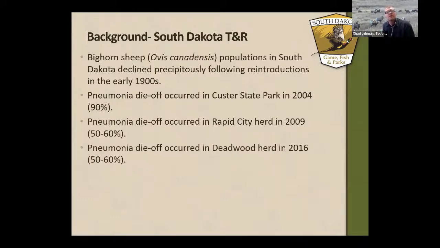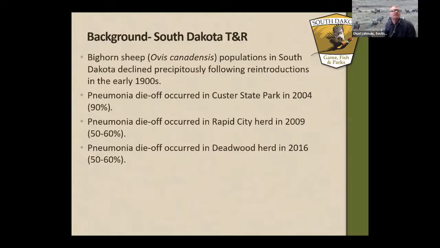You heard Kevin Hurley mention 1922, and I think he may have been referring to Senator from South Dakota who reintroduced bighorn sheep into Custer State Park from Canada back in 1922. And since that time, we've seen precipitous declines in bighorn sheep populations throughout South Dakota.